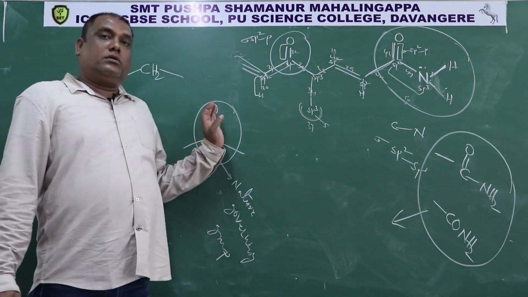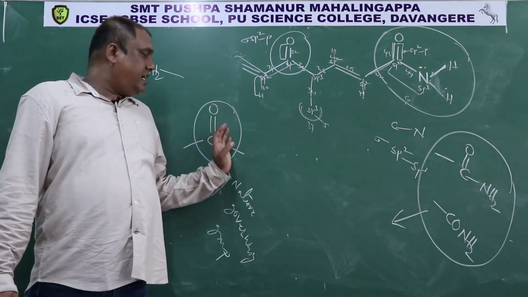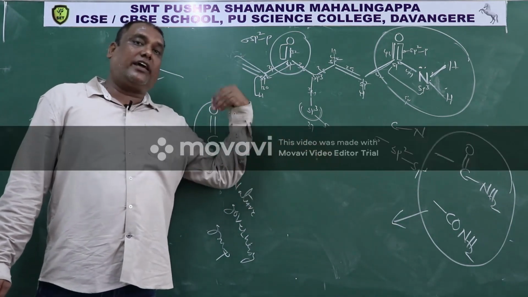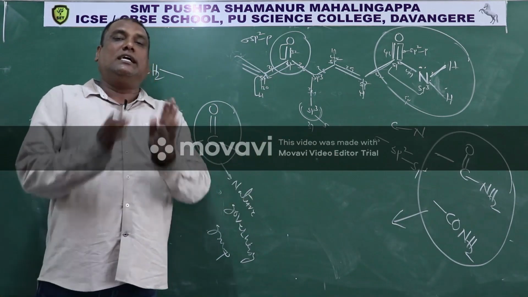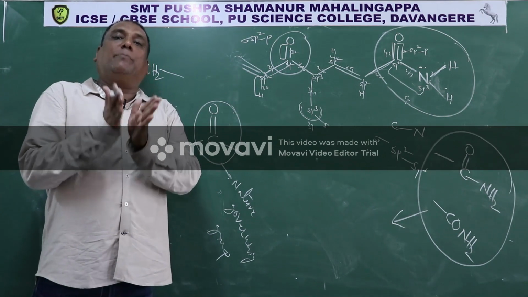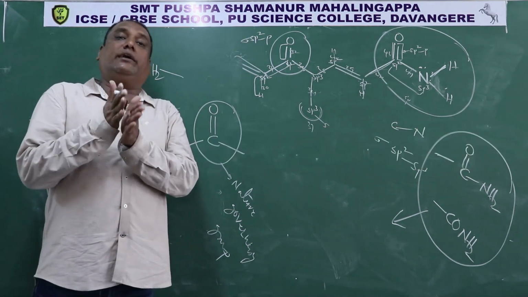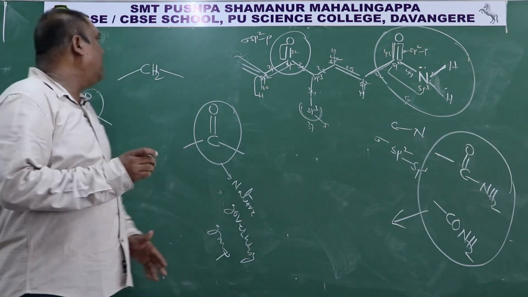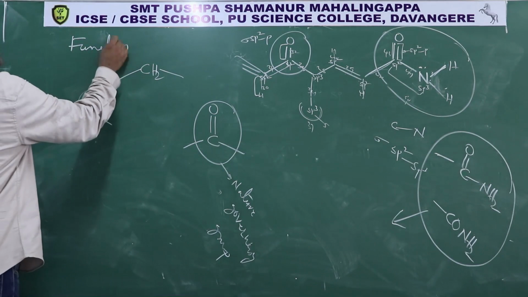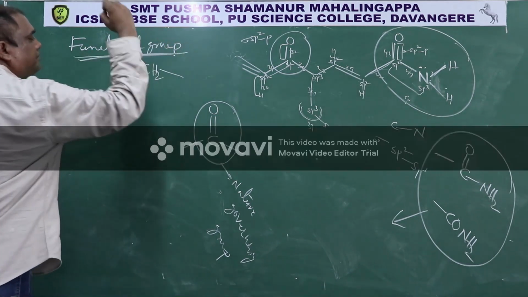So such a group present in the organic compound which decides the nature of the compound, or we can say the atom or group on which the properties of the organic compound depend, is called a functional group. So a functional group is called a nature deciding group.